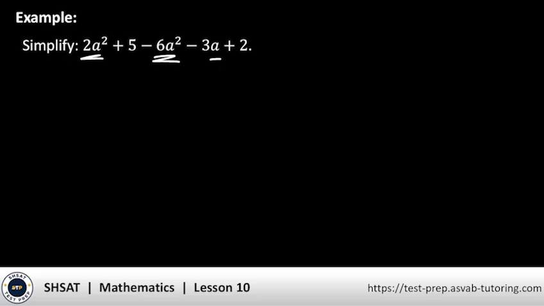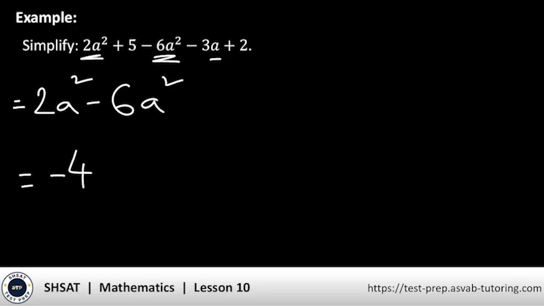So let's say we have 2a squared and 6a squared. Let's bring those together. Because the variables are the same, you can add or subtract the coefficients. So it's 2 minus 6. 2 minus 6 is what? Minus 4, right? And then you just write the a squared as it is.